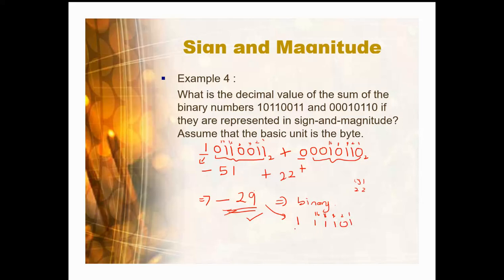Okay, so yeah, the rest will be 1, 2, 3, 4, 5, 6, 7 dan 8. So leftmost bit ni adalah the negative one lah. And this is your 29. Okay. Inilah jawapan dia kalau dia dalam binary. Dan ini jawapan dia dalam decimal. So this is how you do in the sign magnitude. Okay.